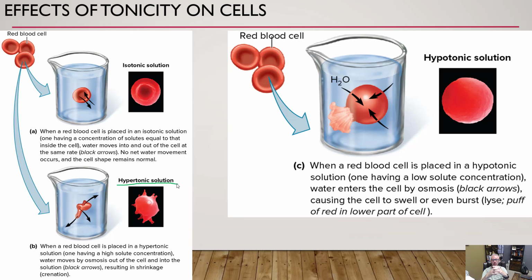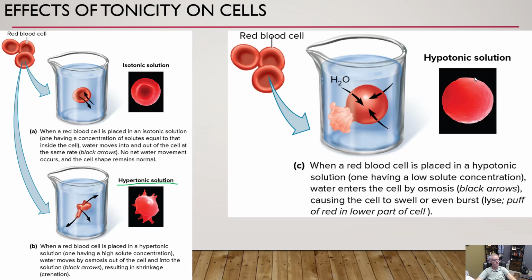I said that backwards, I'm sorry. Hypertonic solution, you have more osmotic pressure outside the cell than inside. So water's going to go from inside the cell to try and dilute what's on the outside of the cell, in the blood plasma. So water's going to leave the cell, and it shrinks.